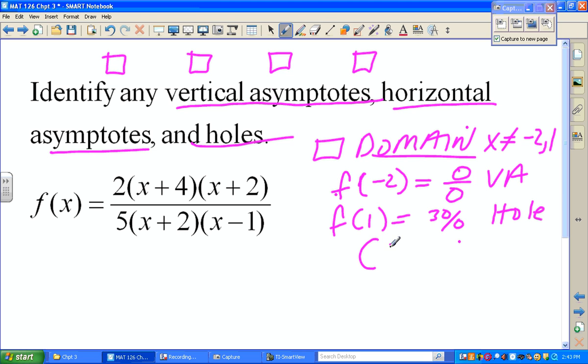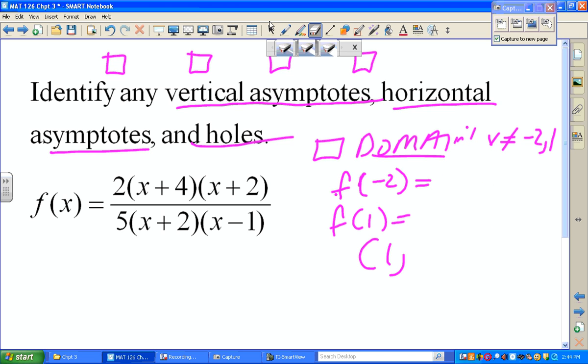If there's a hole in the graph at -2, how do you find the y coordinate? 0 over 0, hole in the graph. And at 1, there we go, 30 over 0. All right, so there's a vertical asymptote.